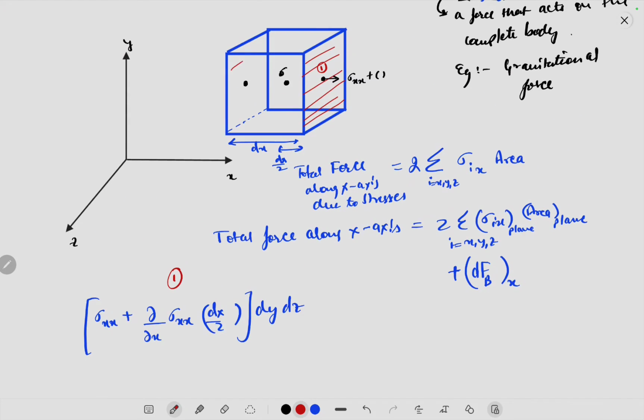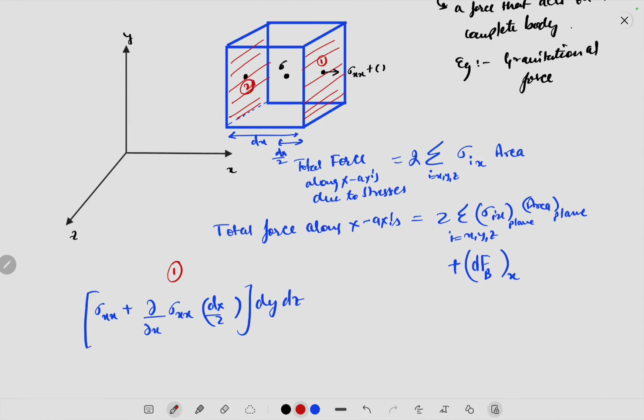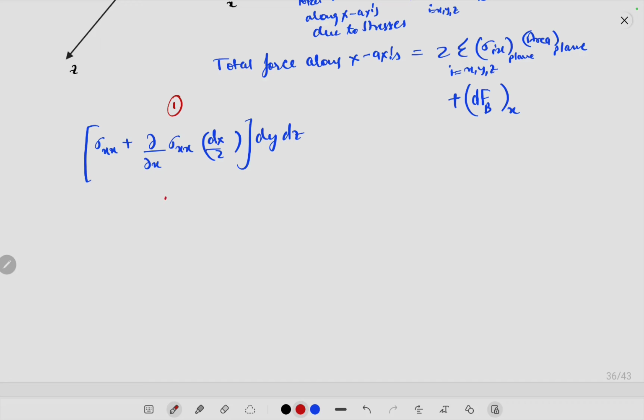Similarly, let's say if I call this as 2, then for 2 my stress force will be given by sigma xx plus del by del x, so this will be minus, del by del x of sigma xx times dx by 2, and multiplied with dy dz.